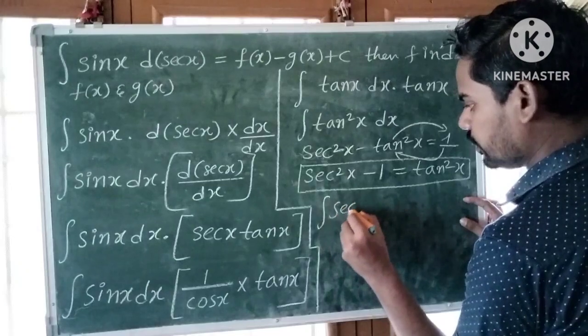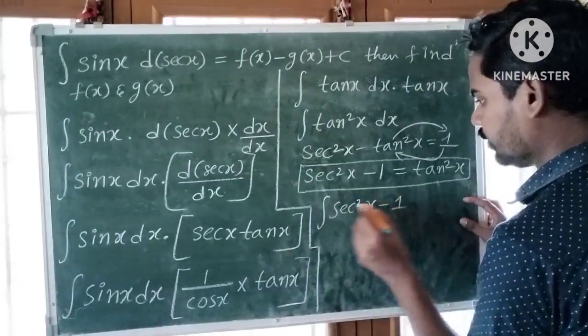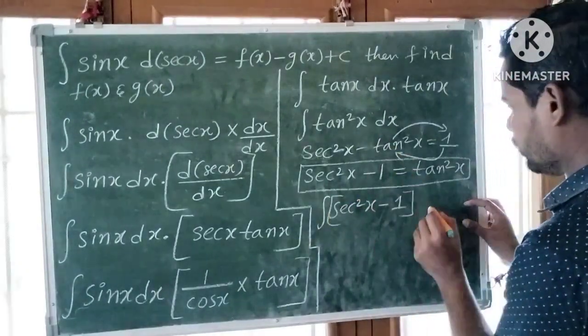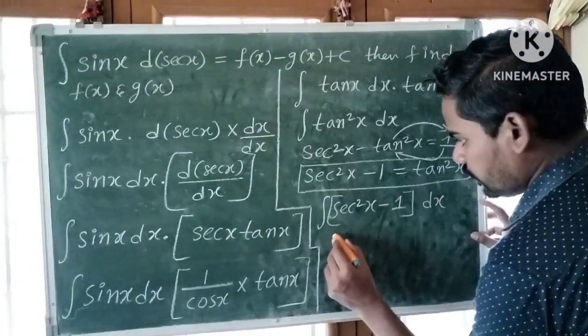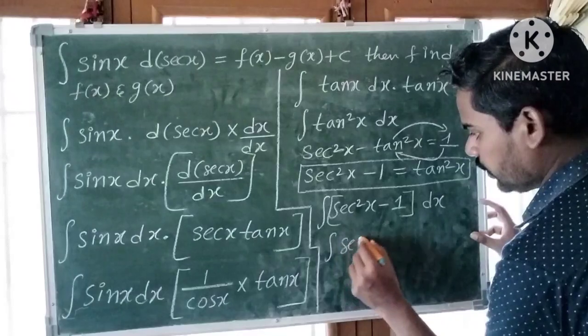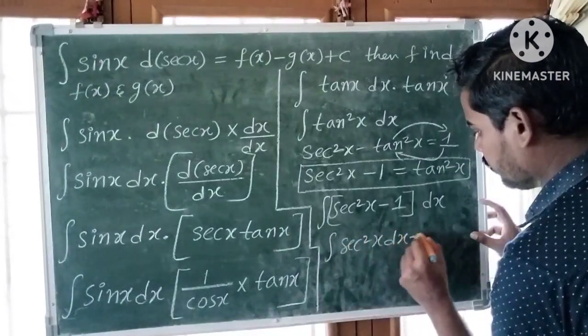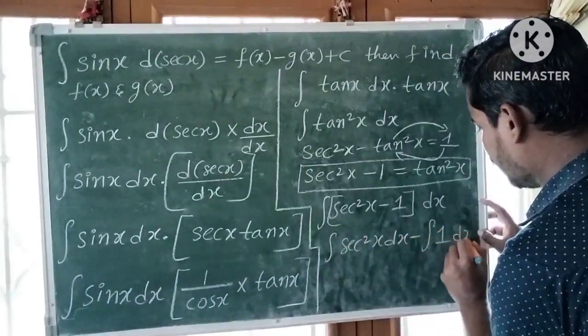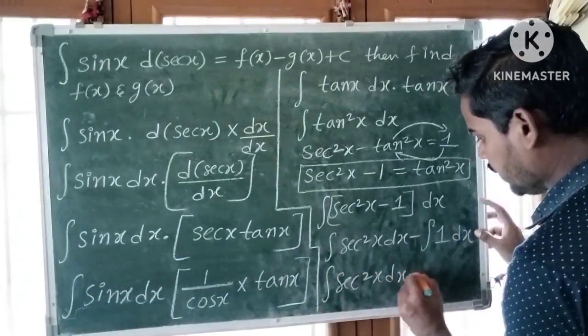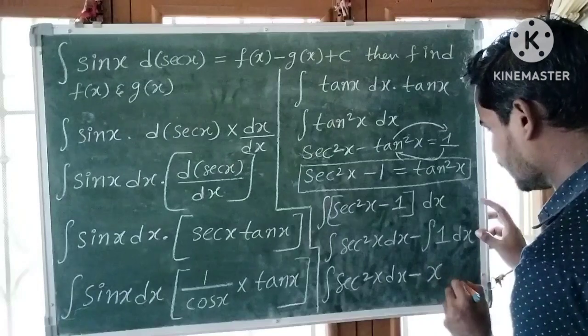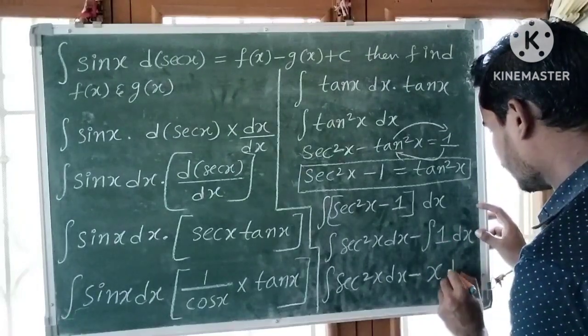Integral of secant square x minus 1 into dx. Integral secant square x dx minus integral 1 dx. Integral 1 dx means x. If we apply integration we get some constant.